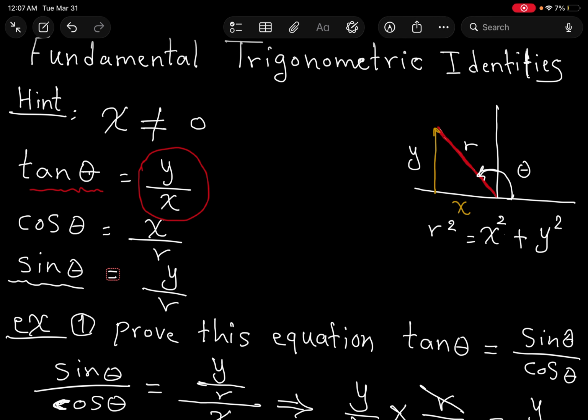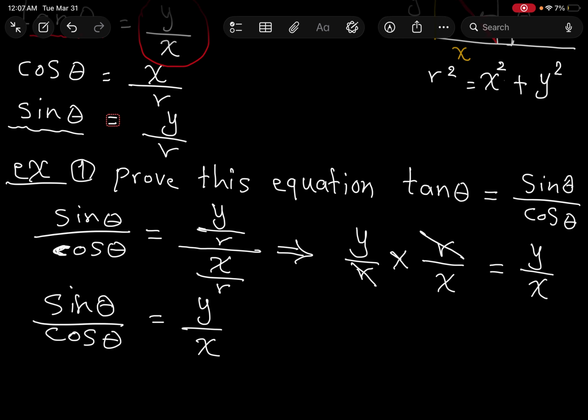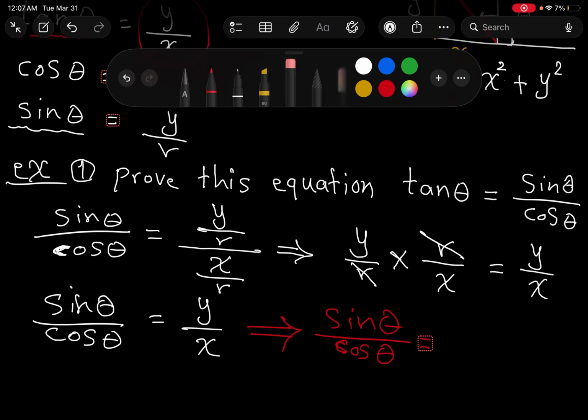That belongs to sine theta over cosine theta, which equals tangent of theta, or tan theta.